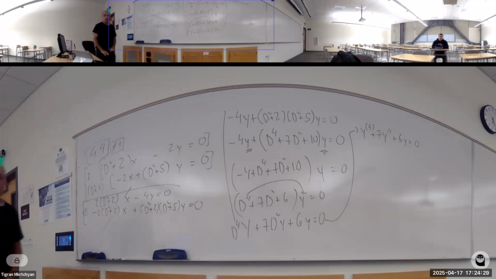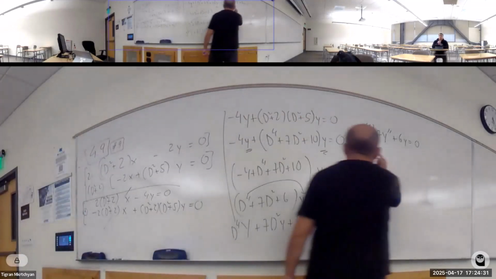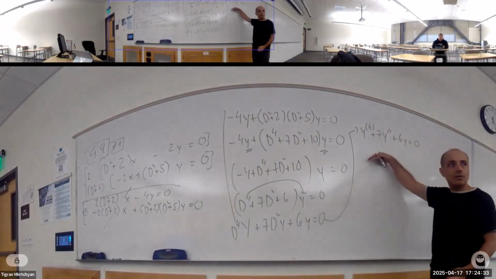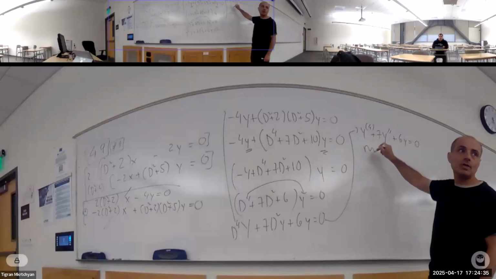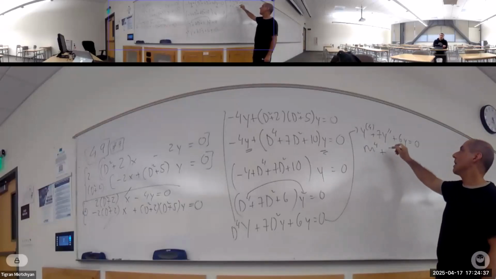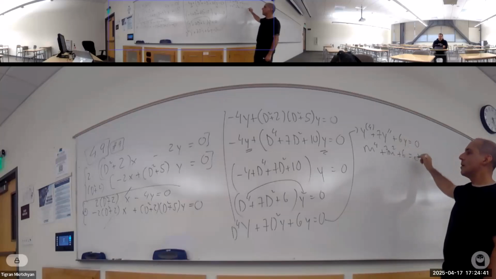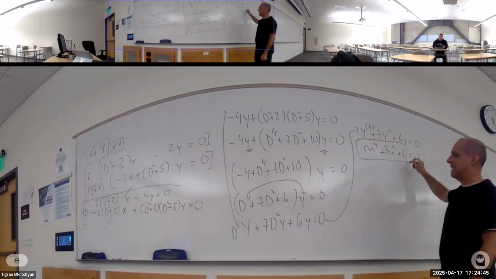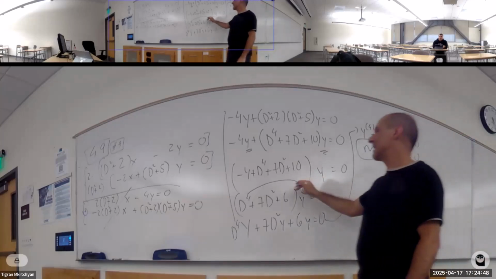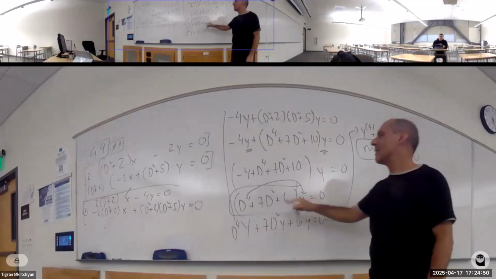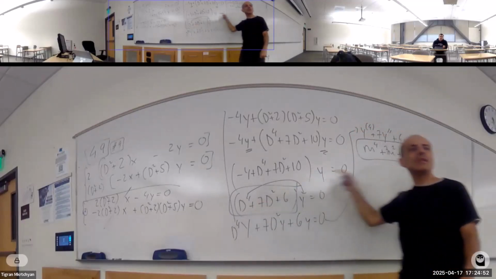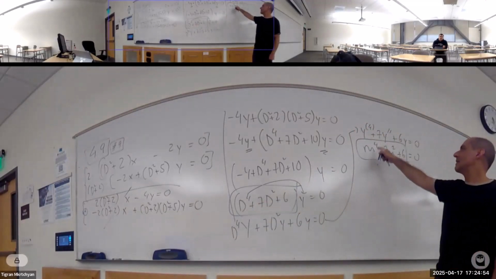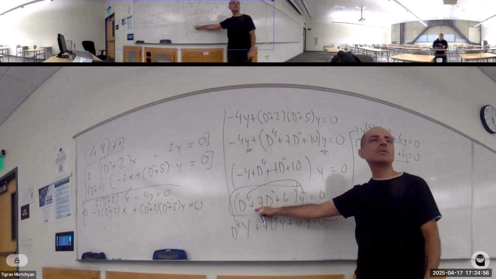We can solve this. Well, this guy has constant coefficients, so what is the characteristic equation? M to the 4 plus 7m squared plus 6. But you also notice this guy, if you compare this to this, you can think like, oh, that could also be written like that.